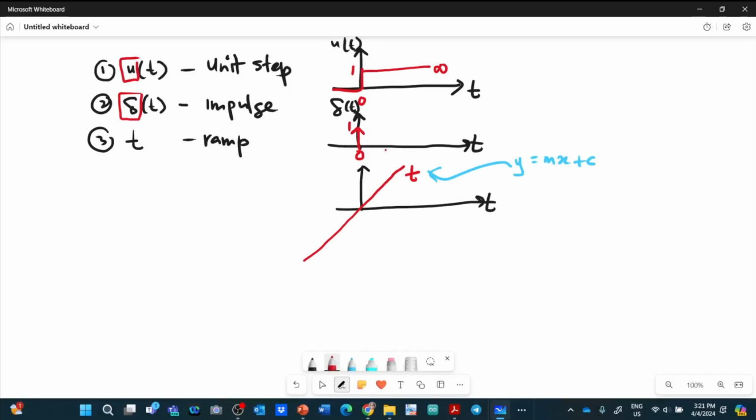So basically a ramp has the slope and also the intercept. So these are the 3 main signals that you have for continuous time and also discrete time. The concept is the same.